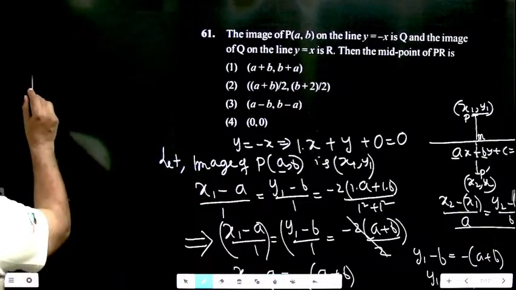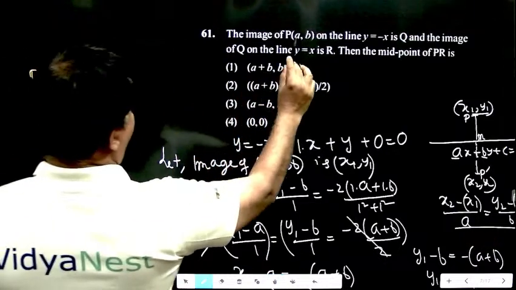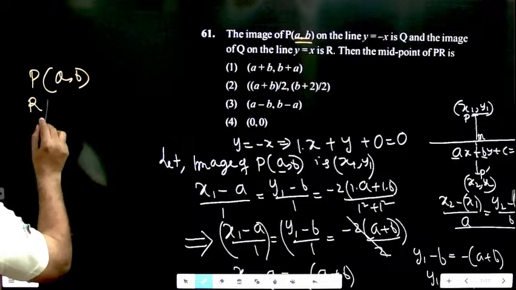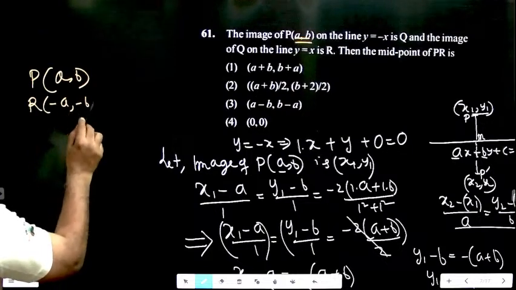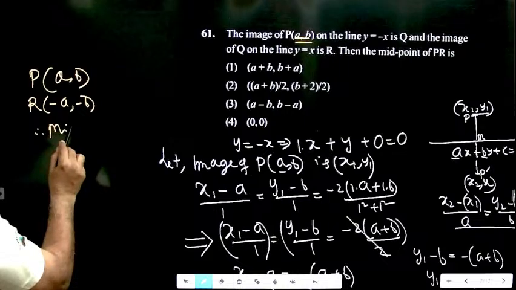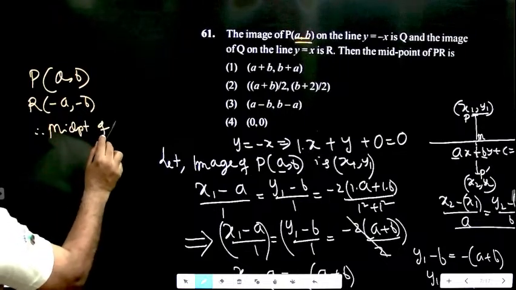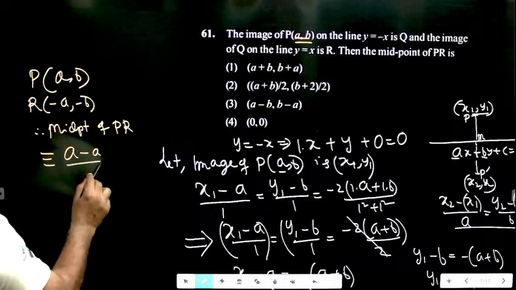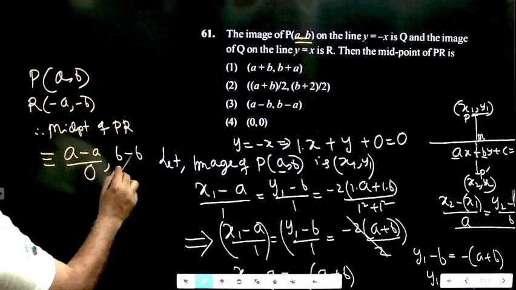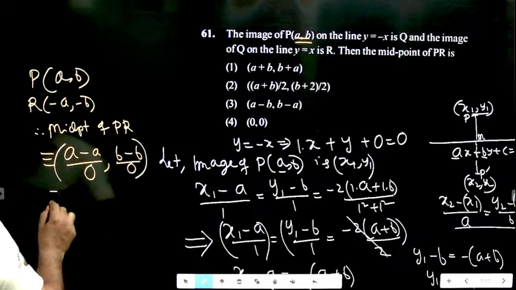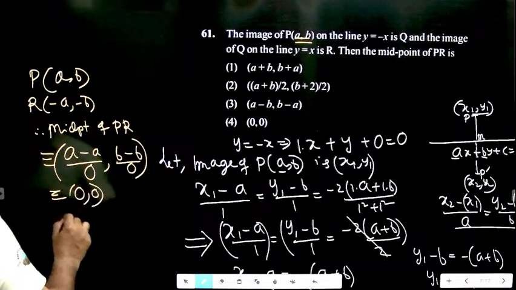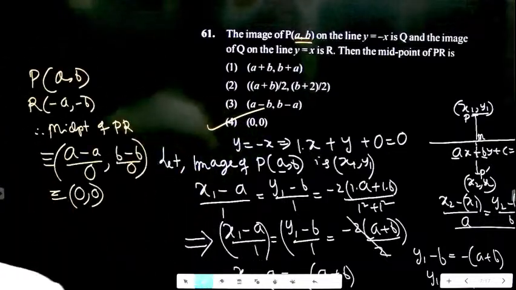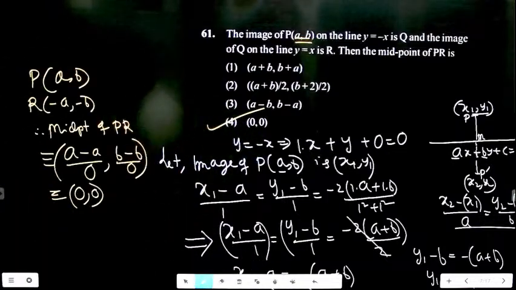So we have P already given in the question, A comma B, and R just now derived, minus A minus B. Therefore, the midpoint of PR is 0, 0. Option 4. Okay, sir.